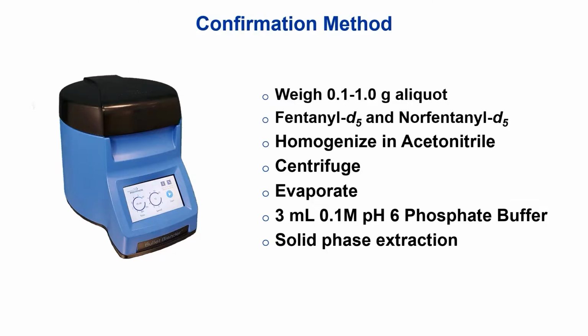The LC-MS-MS confirmation method entailed preparing an accurately weighed aliquot of between 0.1 and 1 gram, fortifying with a deuterated internal standard for both fentanyl and norfentanyl. Again, it's homogenized, centrifuged, and evaporated, reconstituted in a pH 6 phosphate buffer, and then forwarded for a solid phase extraction method to purify the extract.